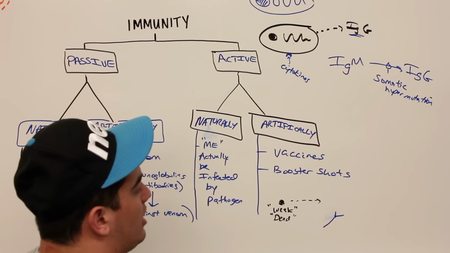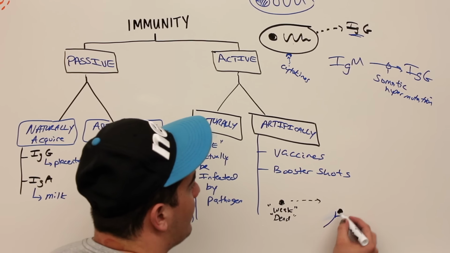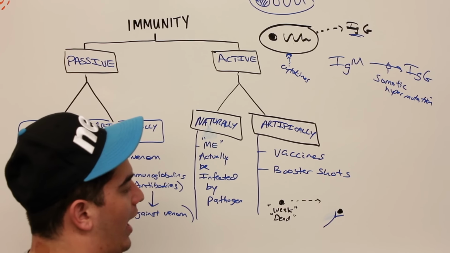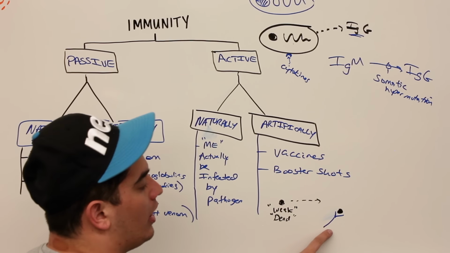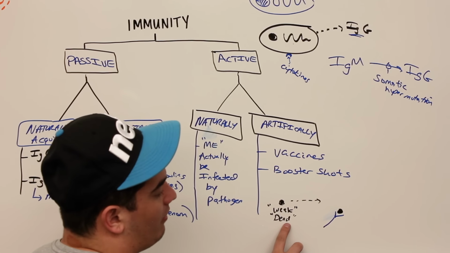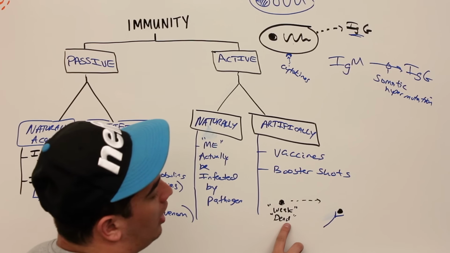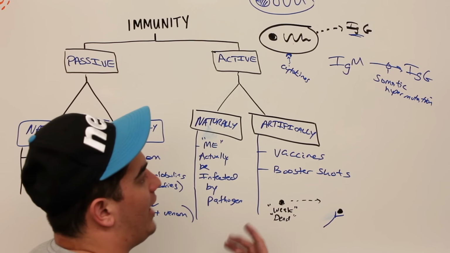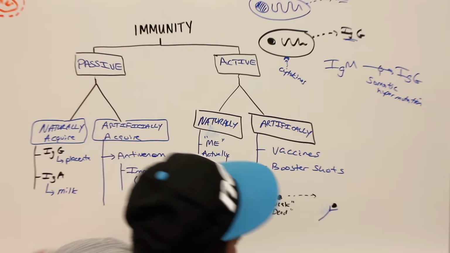When I produce antibodies against that weak or dead pathogen, that is an artificial way of having active immunity. And that could help us have specific types of immunity against certain types of flus or viruses or certain types of bacteria, right? That's the purpose of artificial vaccination.